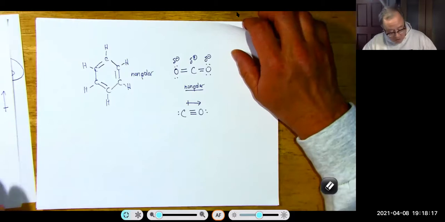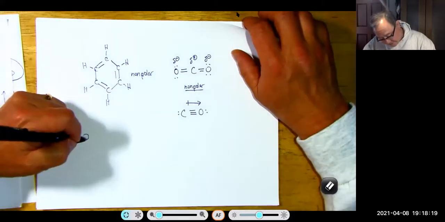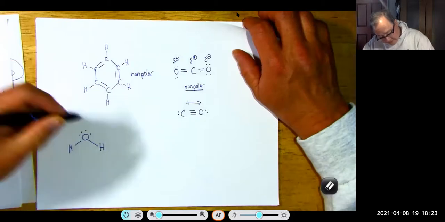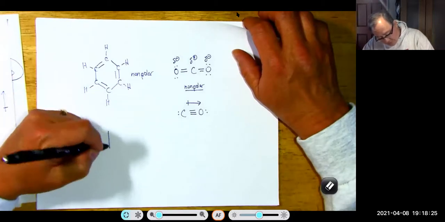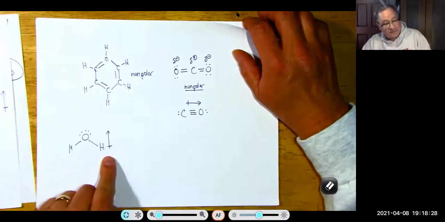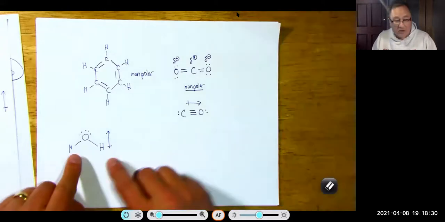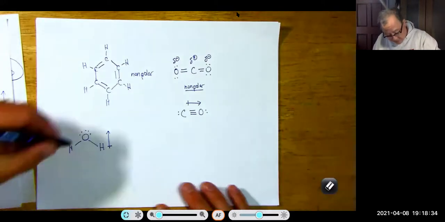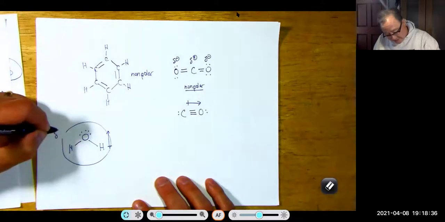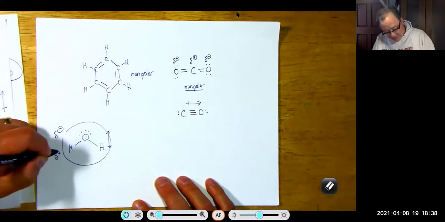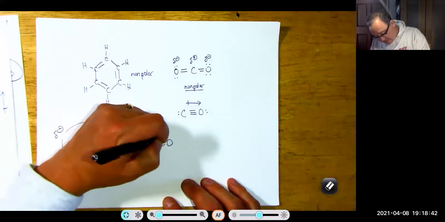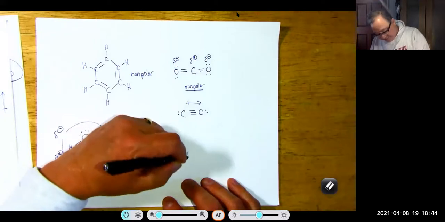So what makes water so fantastic? One of the things that makes water so fantastic is that this molecule has this sort of polarity. So how would a water molecule interact with another water molecule? Remember, this side is slightly negative, this side is slightly positive. If you had two waters that wanted to hang out together, this is the way they would hang out together.